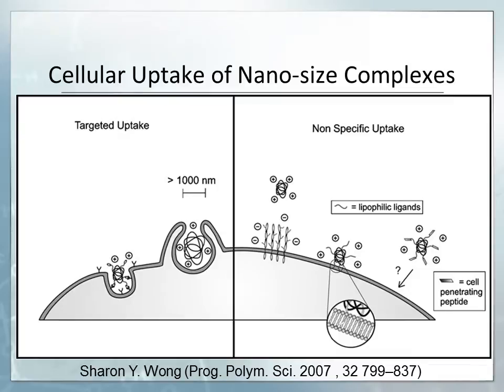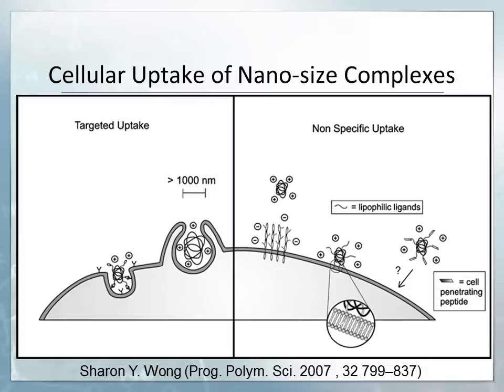Generally, you can divide it into two categories: targeted uptake and non-specific uptake. Targeted uptake, like receptor-mediated endocytosis and phagocytosis. There's only a certain range of sizes of substance that can be taken up for both. Also, different cells exhibit different receptors and endocytotic pathways, such as phagocytes like macrophages, which exhibit phagocytosis, but not other cells like cancer cells.